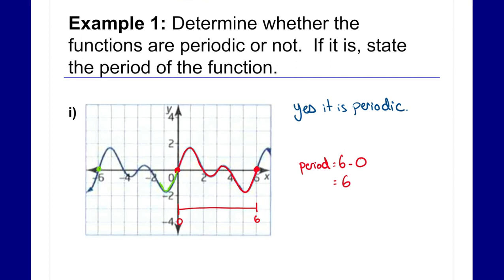That would be a period of 6. So from -6 to 0, same idea, still gives me a period of 6. Regardless of what x values we use, we should still get the same period because it's one cycle of the same periodic function.